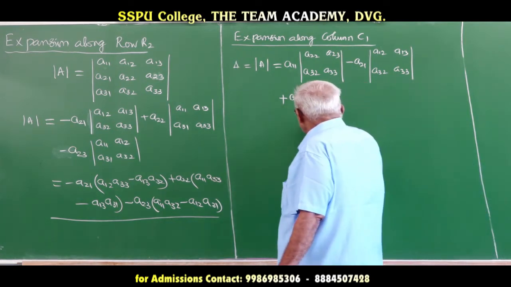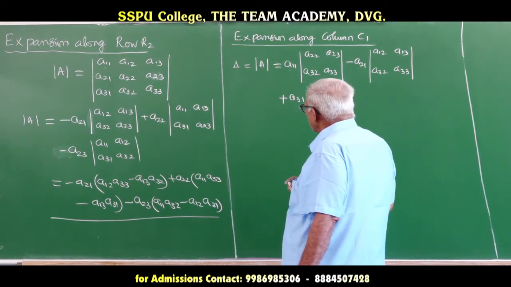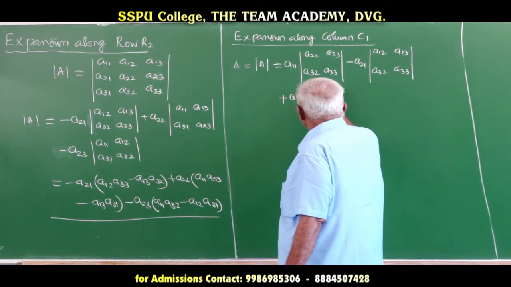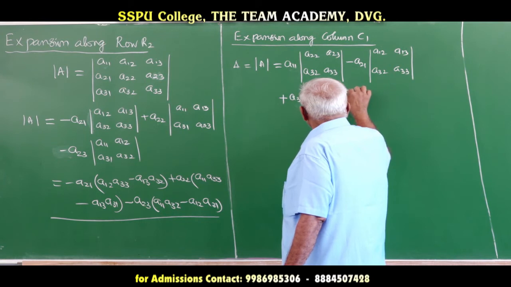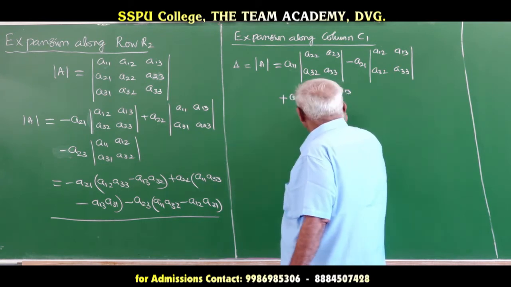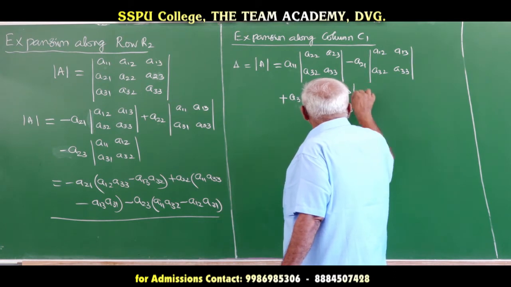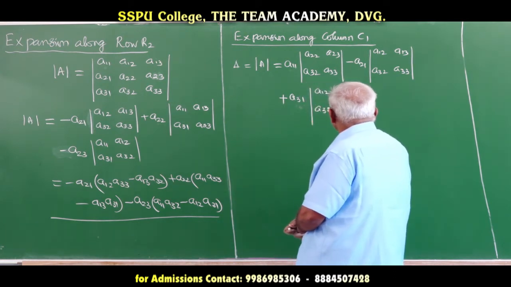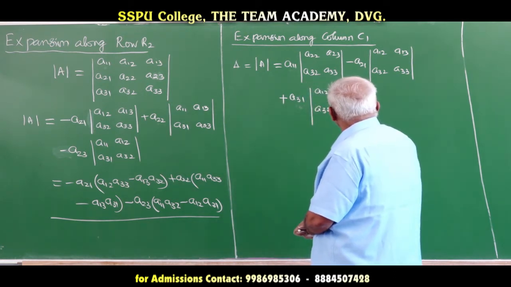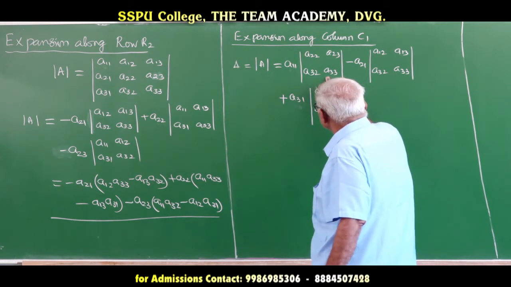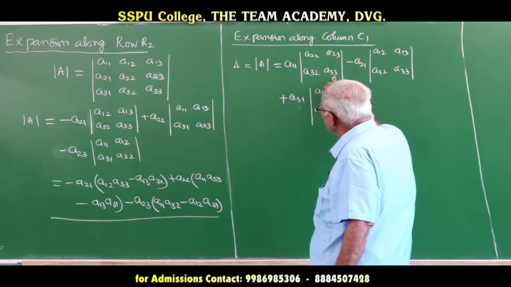So, eliminate third row and first column, we will get A12, A13, A32, A33. We will not get A32, A33 in all the places. Let us try.